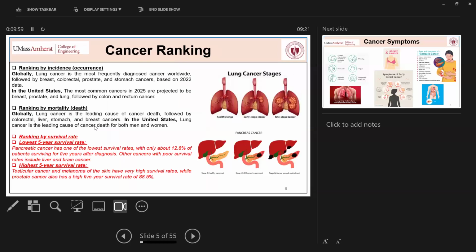Yeah. So as I mentioned previously, lung cancer is the number one, deadliest cancer worldwide. Based on occurrence, globally, lung cancer is the most frequently diagnosed cancer worldwide, followed by breast, colorectal, prostate, and stomach cancers, based on 2022 data.